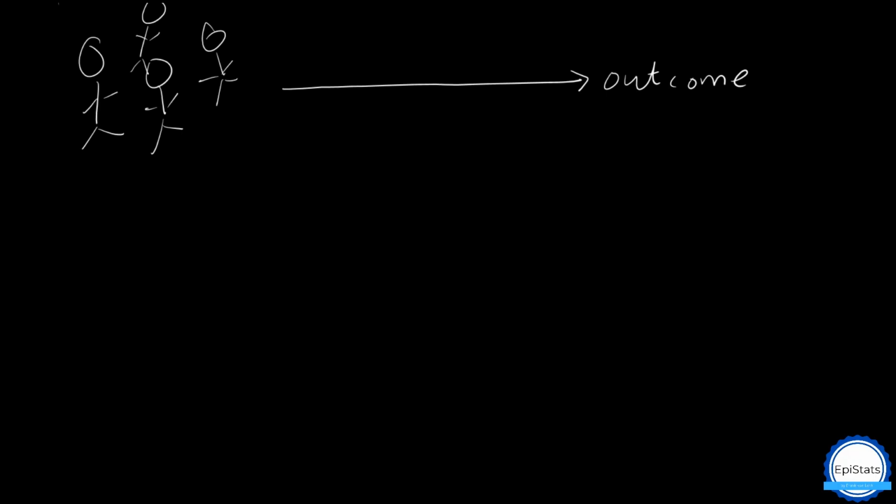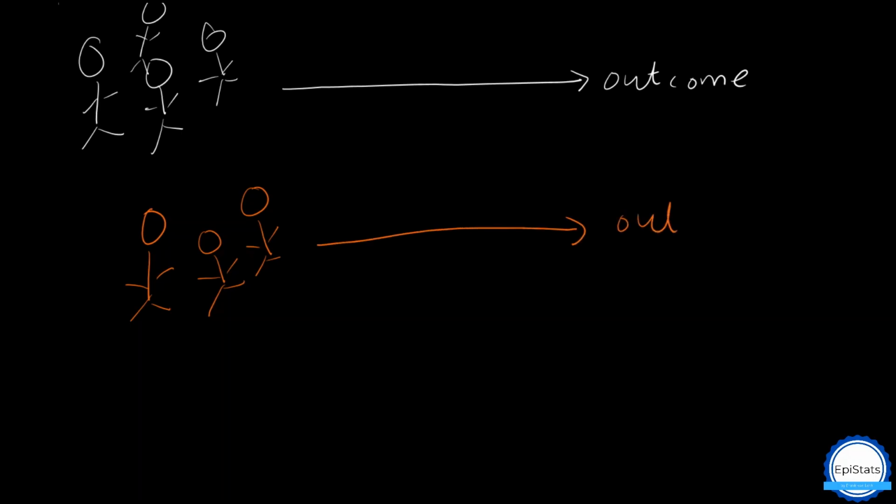Often we like to compare groups within a cohort, so we define a subgroup of people who share a characteristic, or actually you can say that we compare one cohort with another cohort. And again, the individuals in the cohort are followed up over time to assess whether or not the outcome occurs.